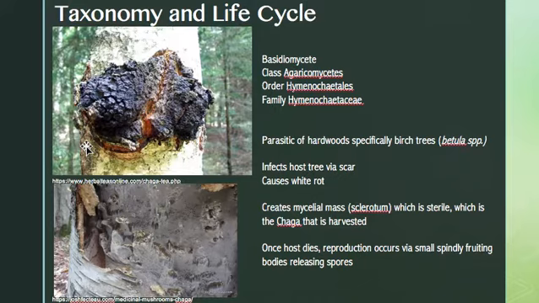And it is actually sterile, so it's not part of the reproductive cycle. Chaga reproduces when the host tree is killed. These sclerotal masses can be up to 1.5 meters long, with a 30 centimeter overhang out of the tree.